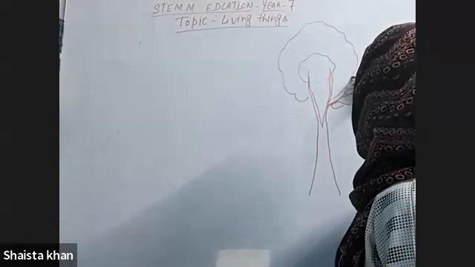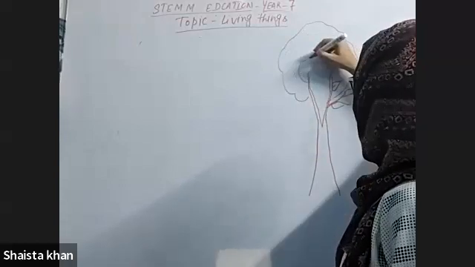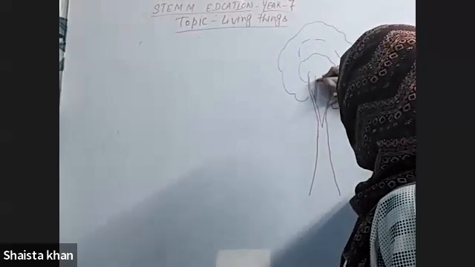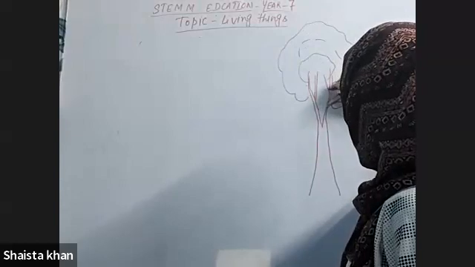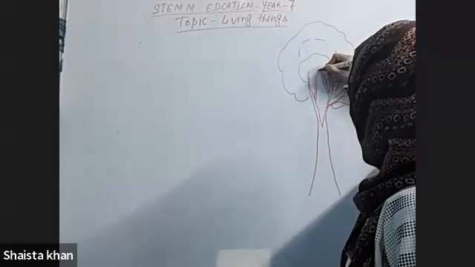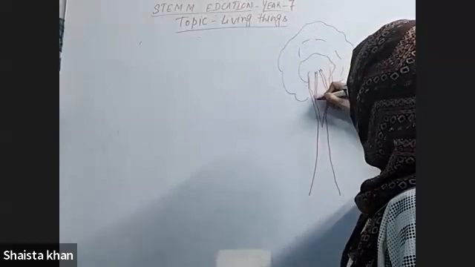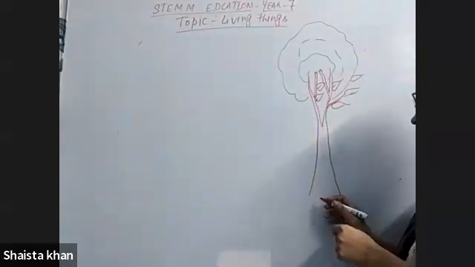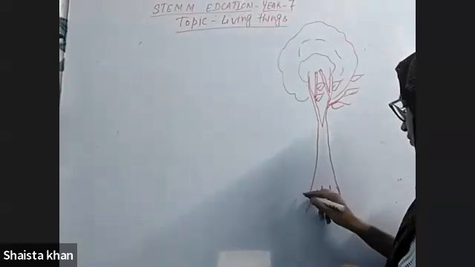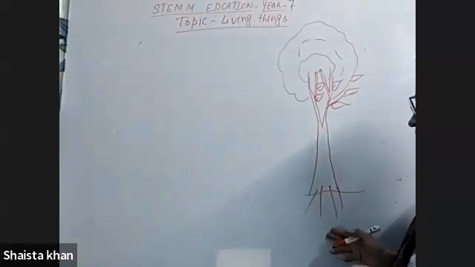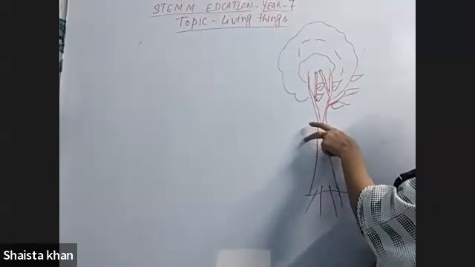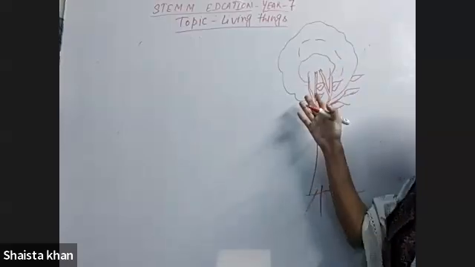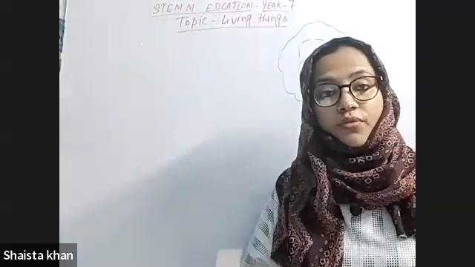There's a stem, there are leaves, many leaves. This is the root, which penetrates inside the soil. These are branches, and this is a flower. This is a rough diagram of a plant.